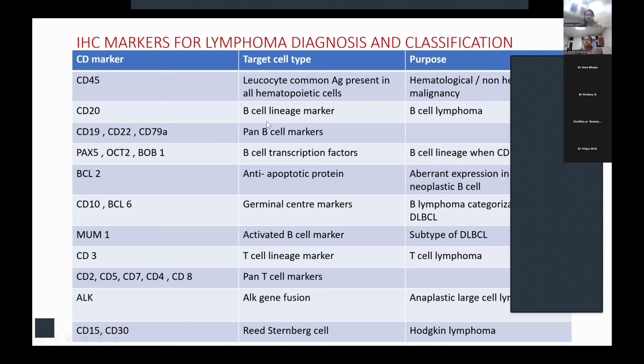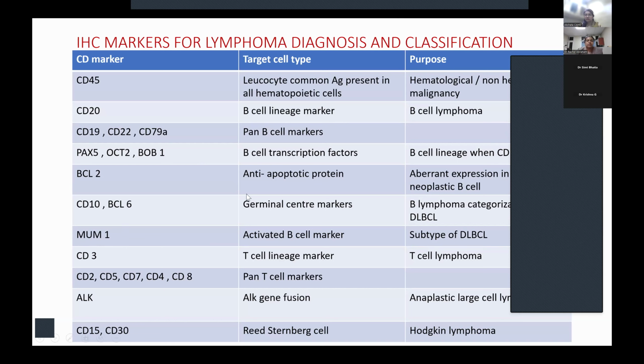Next, coming to the B cell lineage markers, the most commonly used CD marker is CD20. Apart from CD20, for identification of the B cell lineage, you can also use other pan B cell markers like CD19, CD22, CD79A, and also B cell transcription factor proteins. They help in B cell differentiation and maturation.